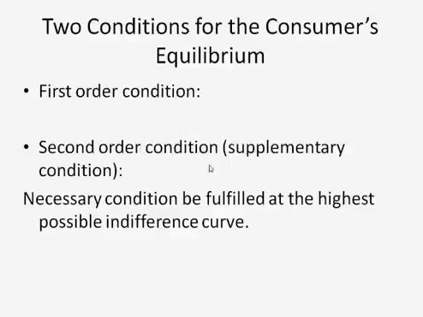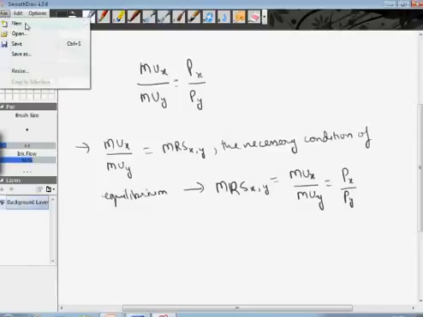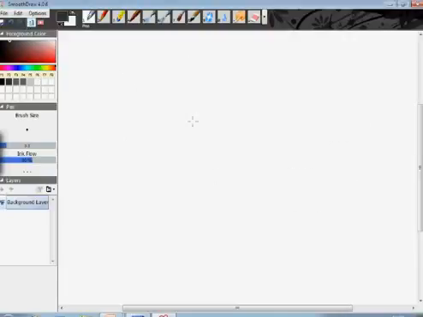The second order condition is the supplementary condition, which requires that the necessary condition be fulfilled at the highest possible indifference curve. Now let's see how a consumer reaches his equilibrium under the ordinal utility approach. We draw the indifference curves.